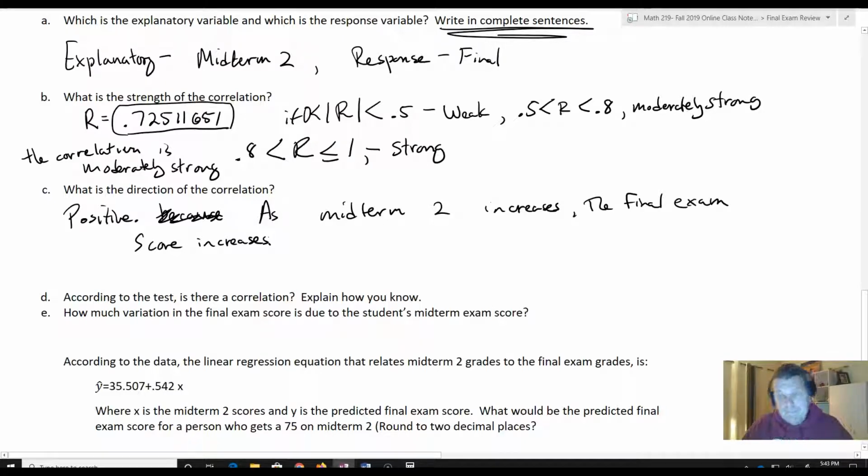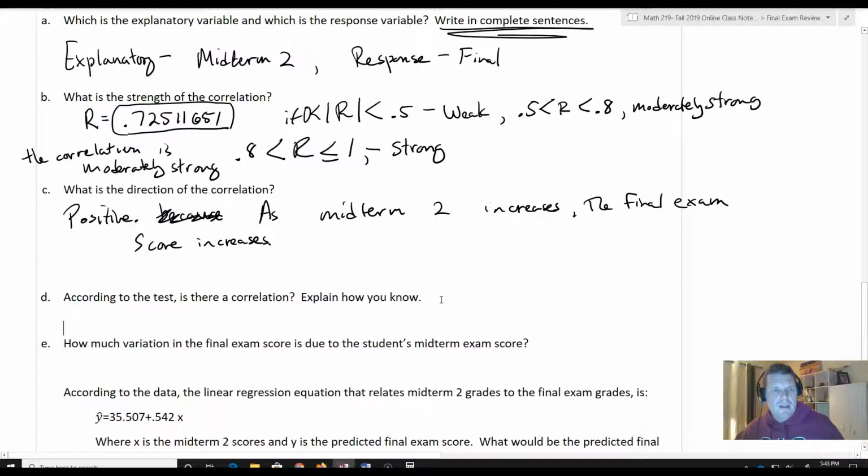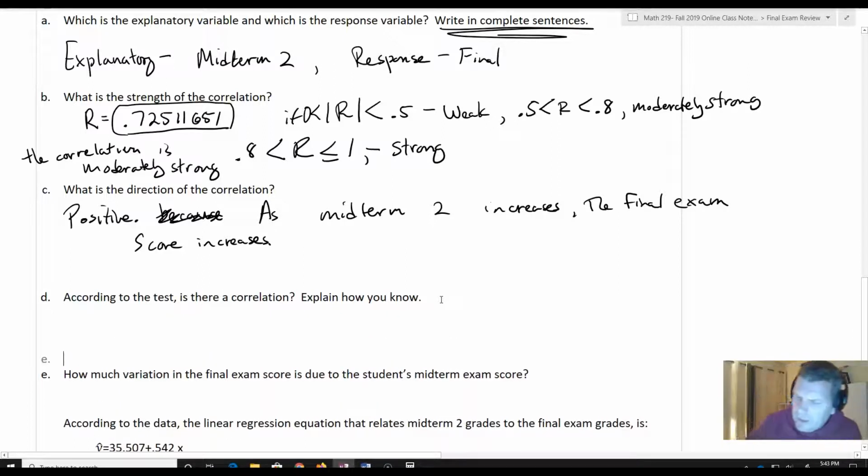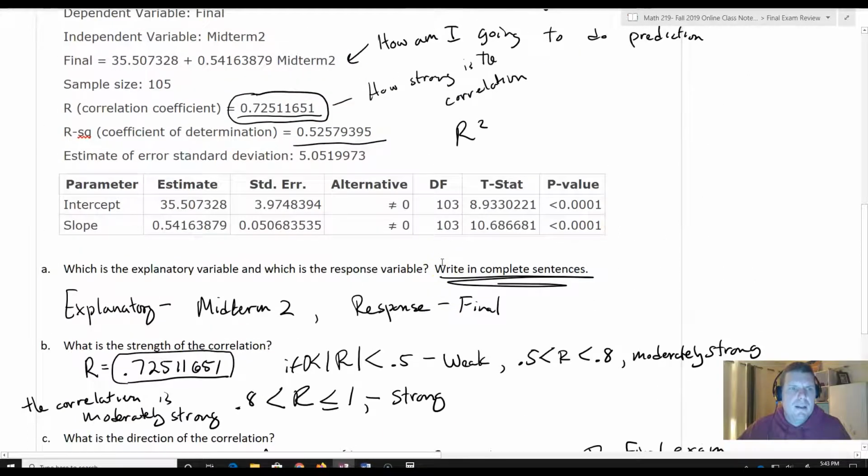Now, according to the t-test, is there correlation? Well, we saw that when we looked at these parameter estimates, the slope had a p-value of less than 0.0001. What that means is that the slope is not equal to 0. Saying that the slope is not equal to 0 is telling me that there is in fact statistical evidence for a correlation.